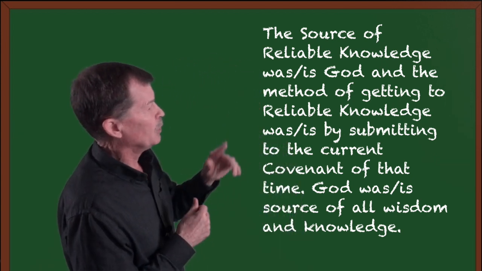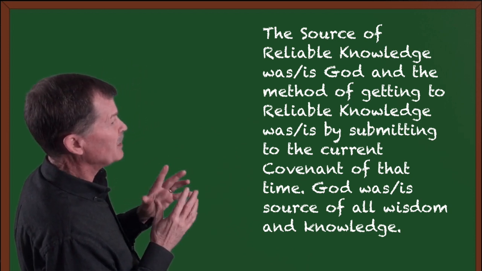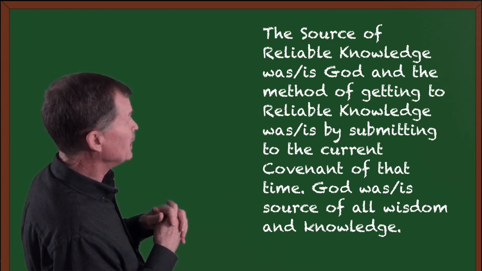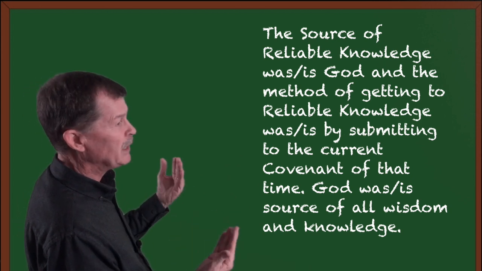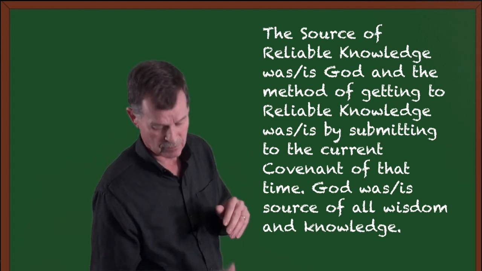The source of reliable knowledge is God. And the method of getting to reliable knowledge is by submitting to the current covenant of that time, being obedient. God was and is the source of all wisdom and knowledge.